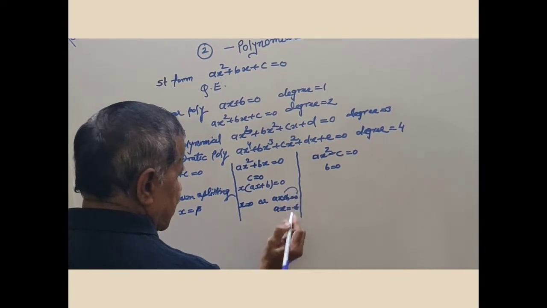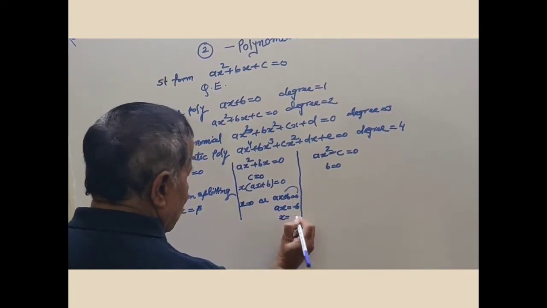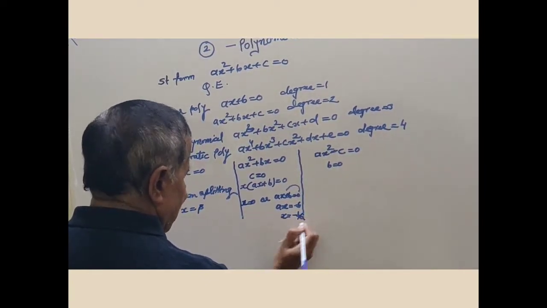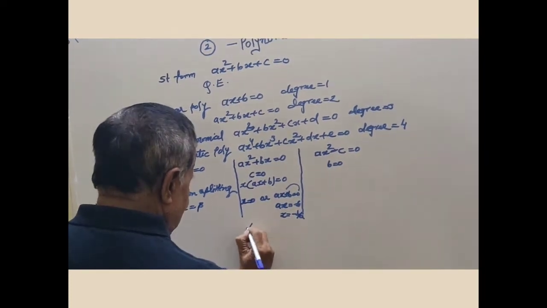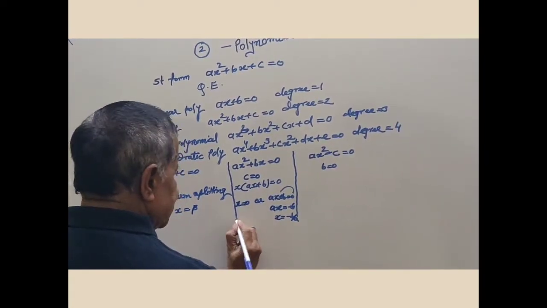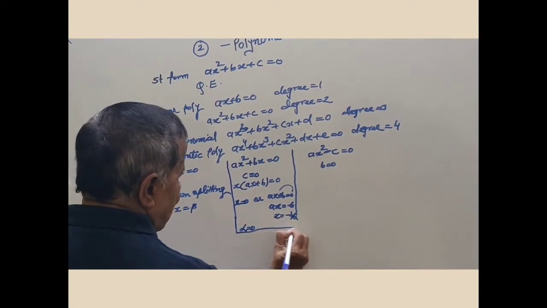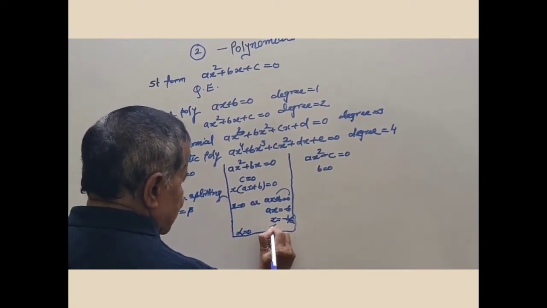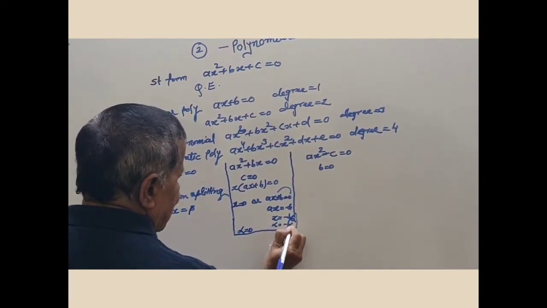Transferring b, x is equal to minus b by a. Means alpha is always 0 in this type of problem and beta is equal to minus b by a.